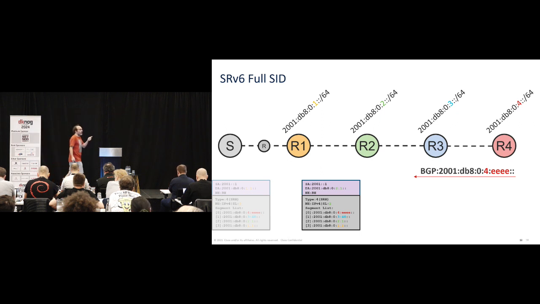That's step number 1. Then he will copy the new active segment to the destination address. So he will change the destination IP address of the packet, and forward it towards the new destination. The new destination is 2001:DB8:02, whatever.